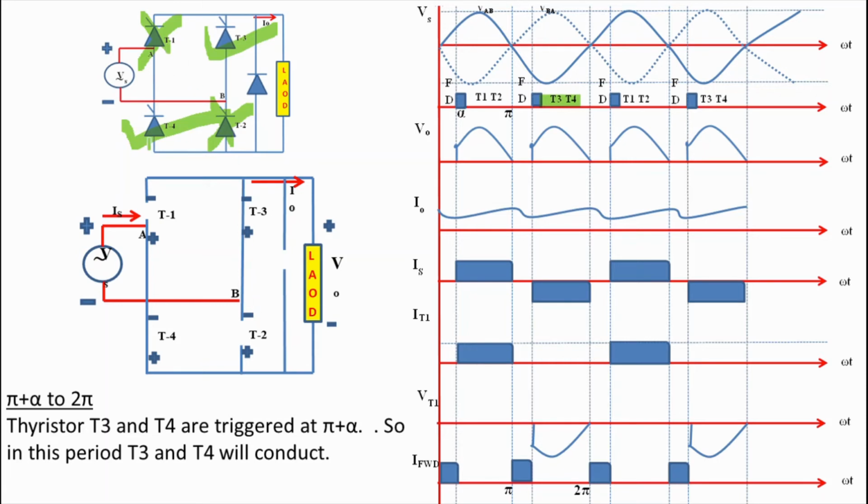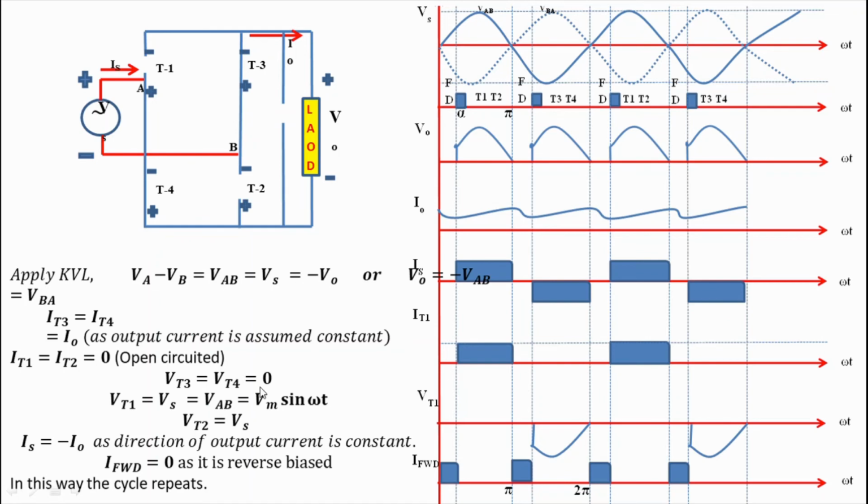Now current through T3 and T4 will be equals to I0, while current through T1 and T2 will be equals to 0. Due to conduction, voltage across T3 and T4 will be equals to 0. So we can write VT3 is equals to VT4 and that is equals to 0.